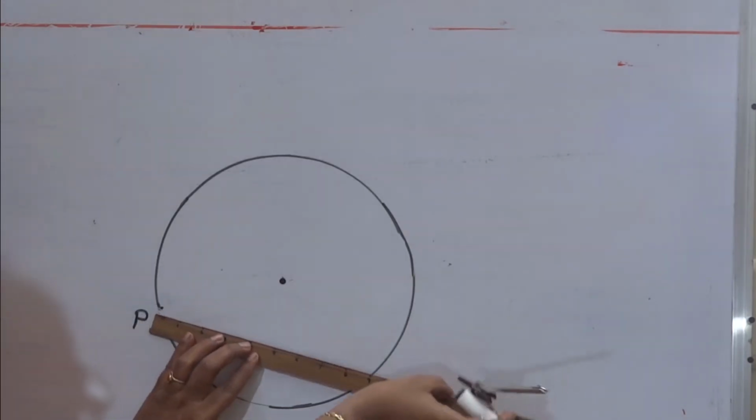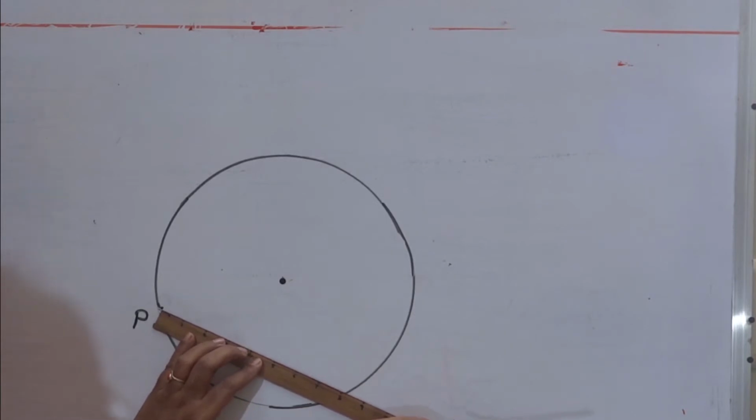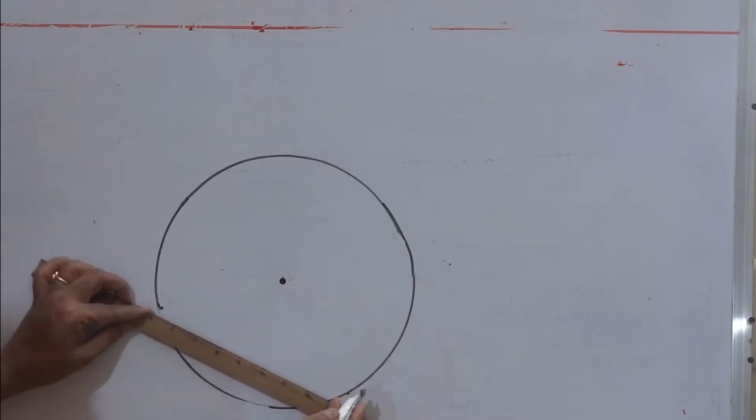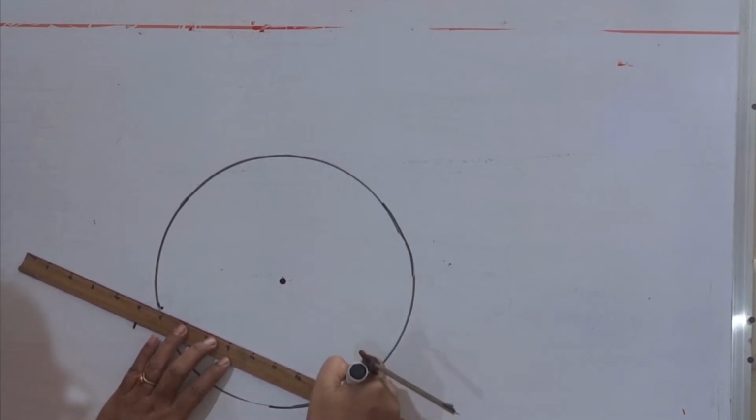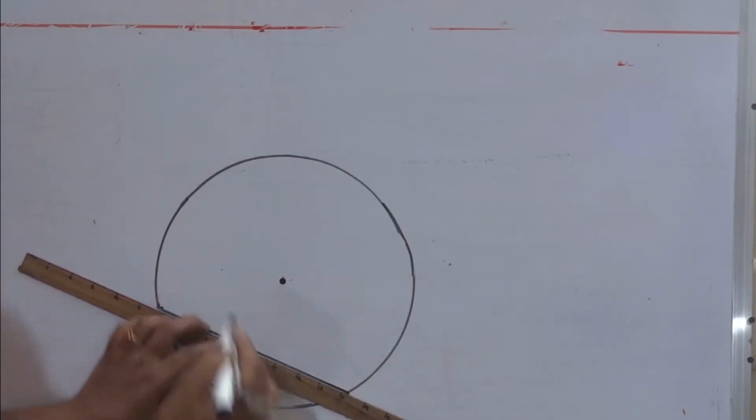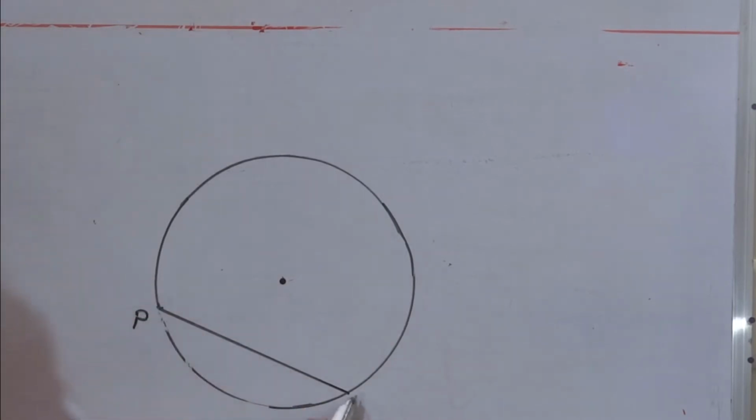Keep the scale at point P in such a way that another point at 8 cm should lie on circumference of the circle. Now let us join these 2 points. This is our chord PQ.